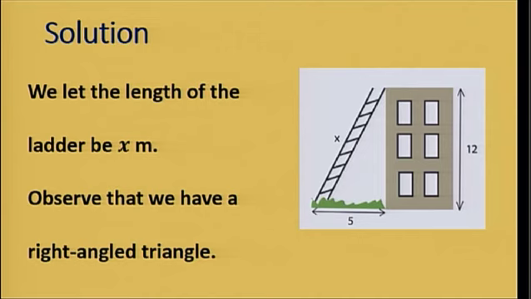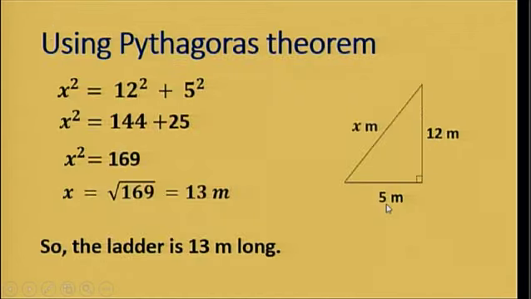So we let the length of the ladder be x meters. Observe that we have a right angle triangle here. So this is 5, 12, x, and my right angle is here. So we make use of the Pythagoras theorem. x squared is equal to 12 squared plus 5 squared, which gives me 144 plus 25.